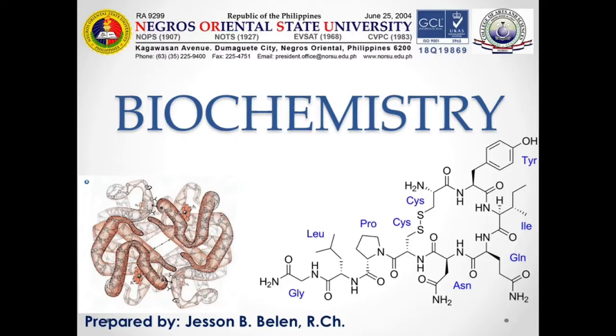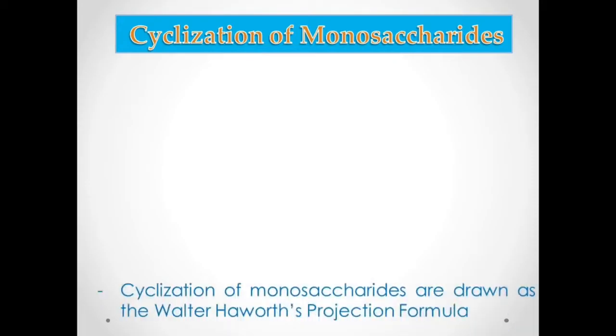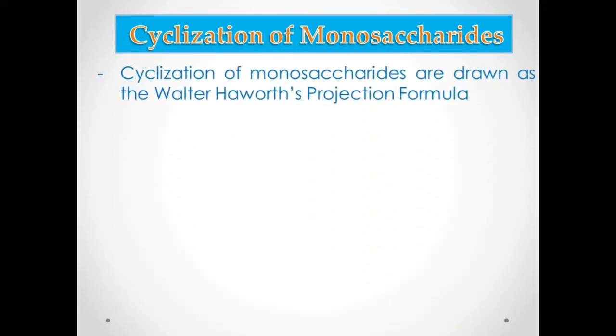This is actually a continuation after we discussed the Fischer projection, because we want to convert the Fischer projection to a cyclization of monosaccharides. Cyclization of monosaccharides is drawn as the Walter Haworth projection formula.